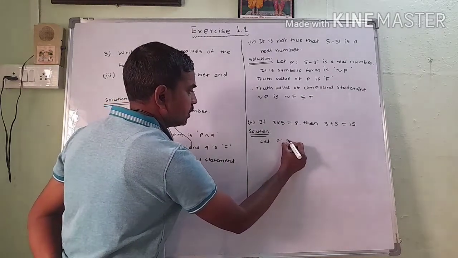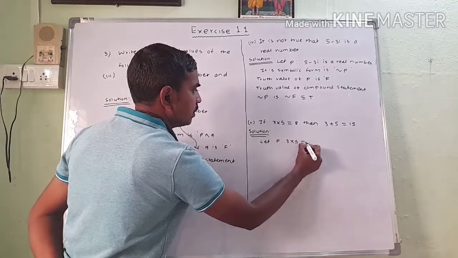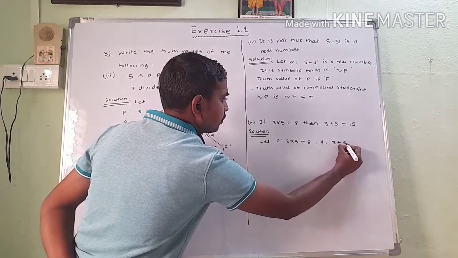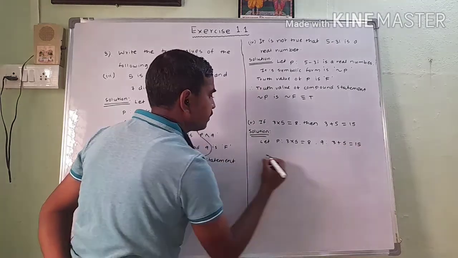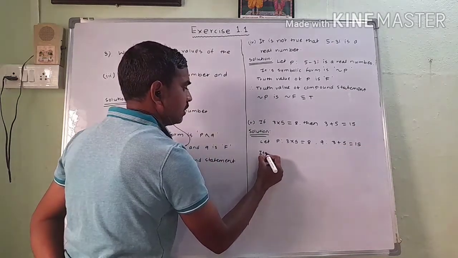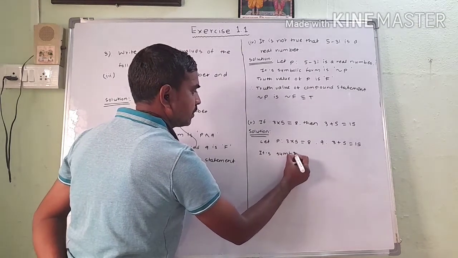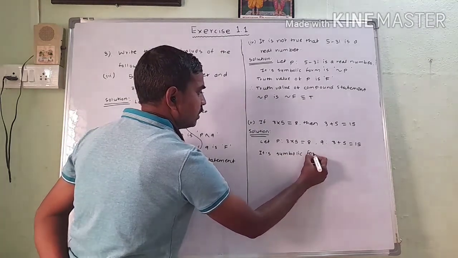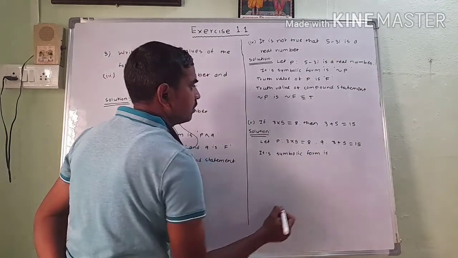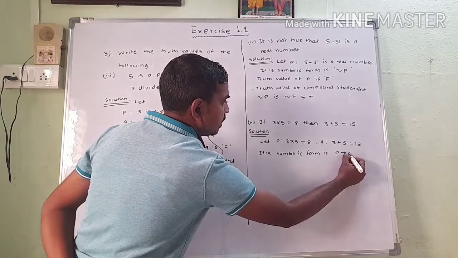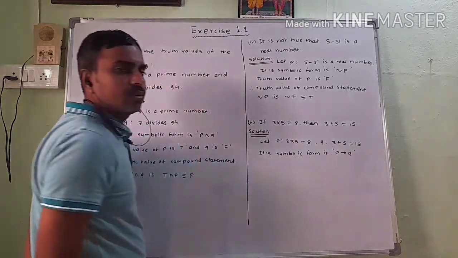Let P stand for 3 into 5 equal to 8, and Q stand for 3 plus 5 equal to 15. Then, since "if then" is here, its symbolic form is P implies Q.